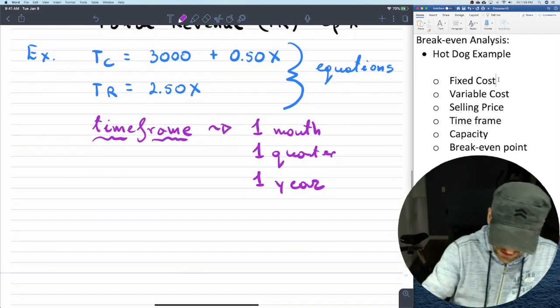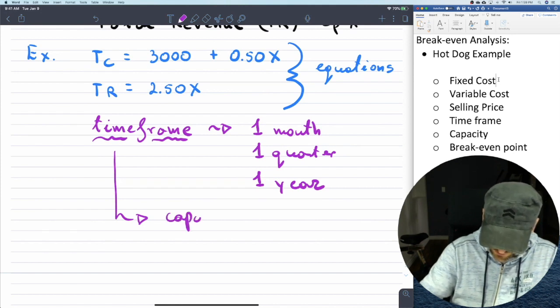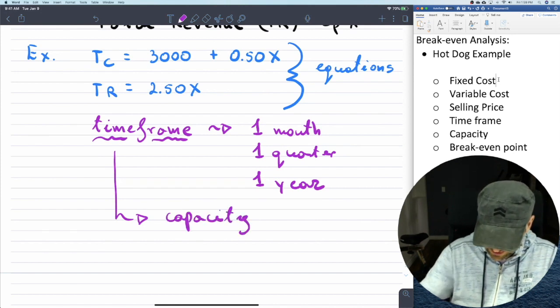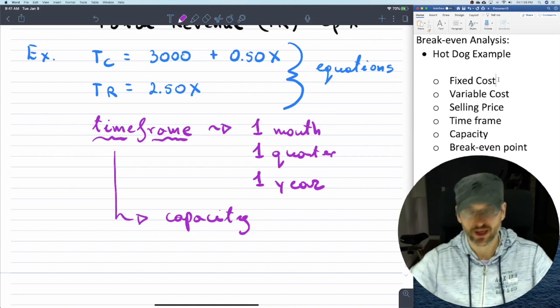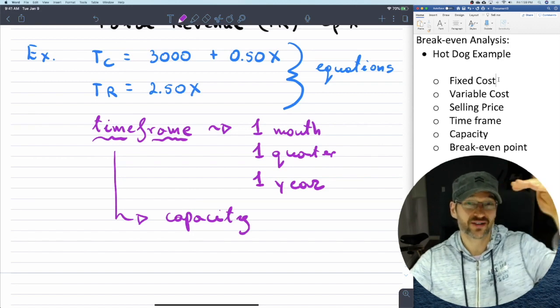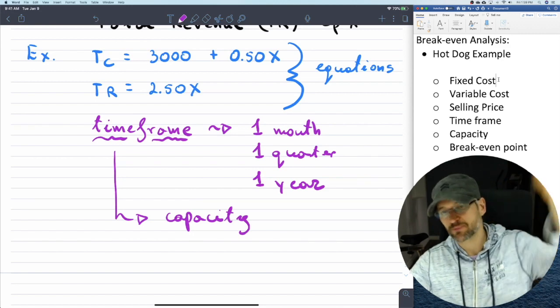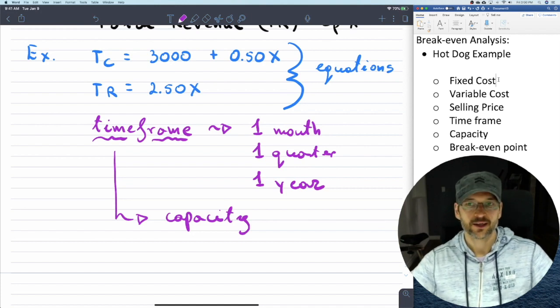And within each time frame, you cannot infinitely make as many hot dogs as you like, or even phones, as many as you like. There's a capacity, a maximum amount that you can actually have, and you won't typically be able to go further than that because you won't have the resources. If there's only one person selling these hot dogs, they can only work so fast, right?